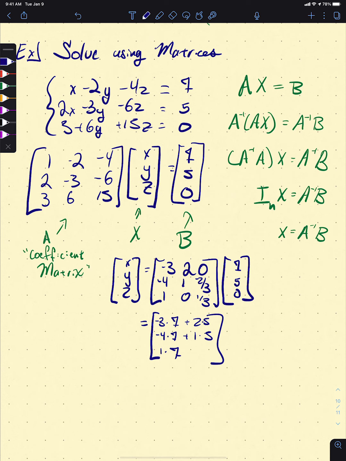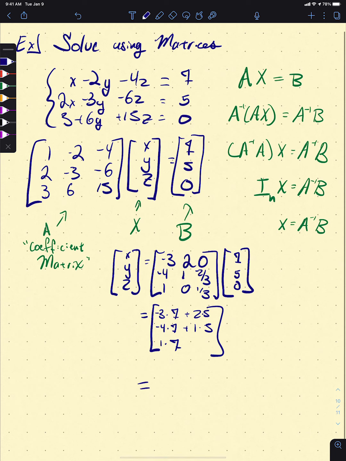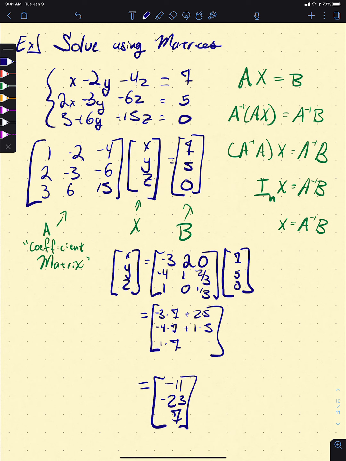Okay. So when we perform this arithmetic, we're going to get the following solution. Looks like to me we're going to get -11, -23, and 7.